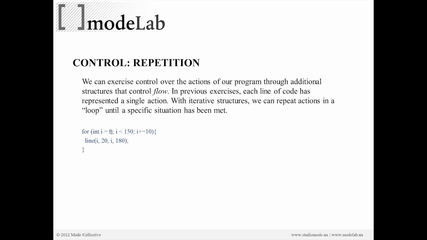So if it started at 0, it will run as 0. Then once we get to the end of the loop, i will increment 10 more units, and we'll say i is 10. It's still less than 150, so we'll move down into the loop, and we'll draw another line that will be from 10, 20 to 10, 180.